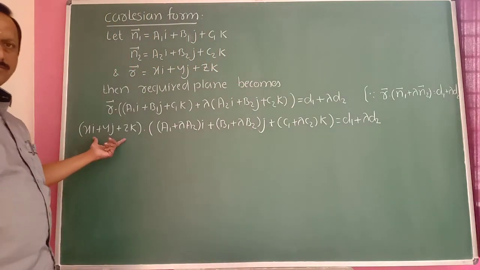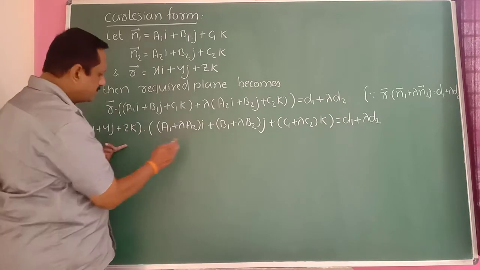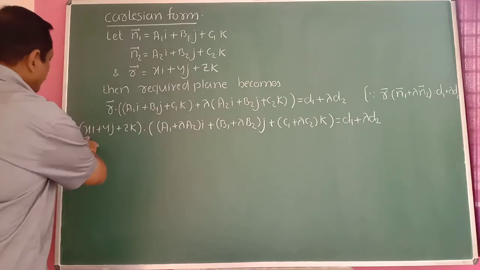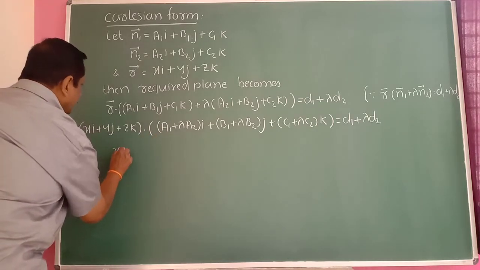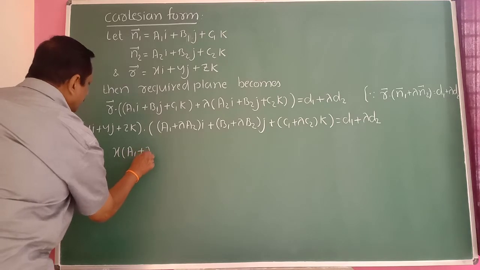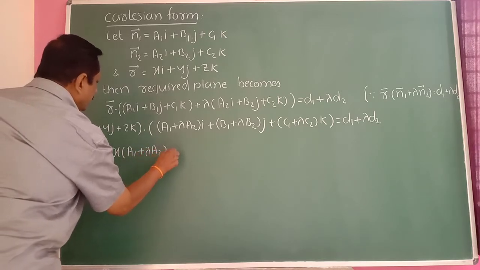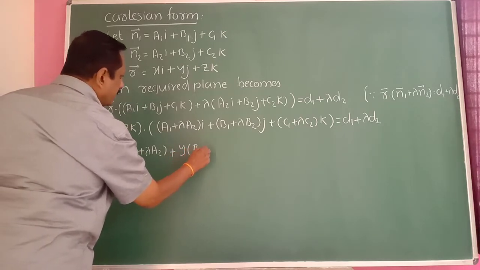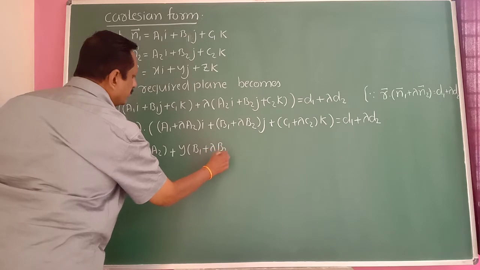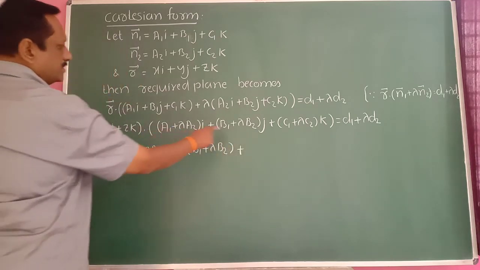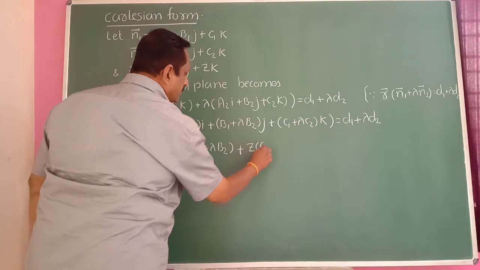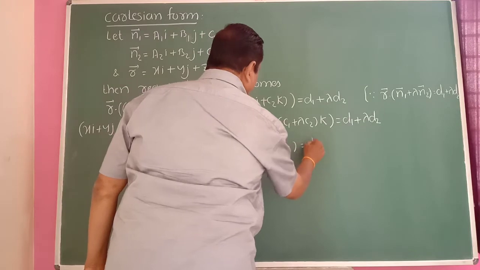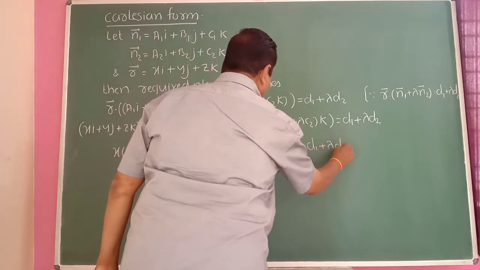So this is one vector and this is the other vector. There is a dot product. The dot product of these vectors is given by x into A1 plus lambda into A2, plus y into bracket B1 plus lambda into B2, plus z into bracket C1 plus lambda into C2, that is equal to D1 plus lambda into D2.